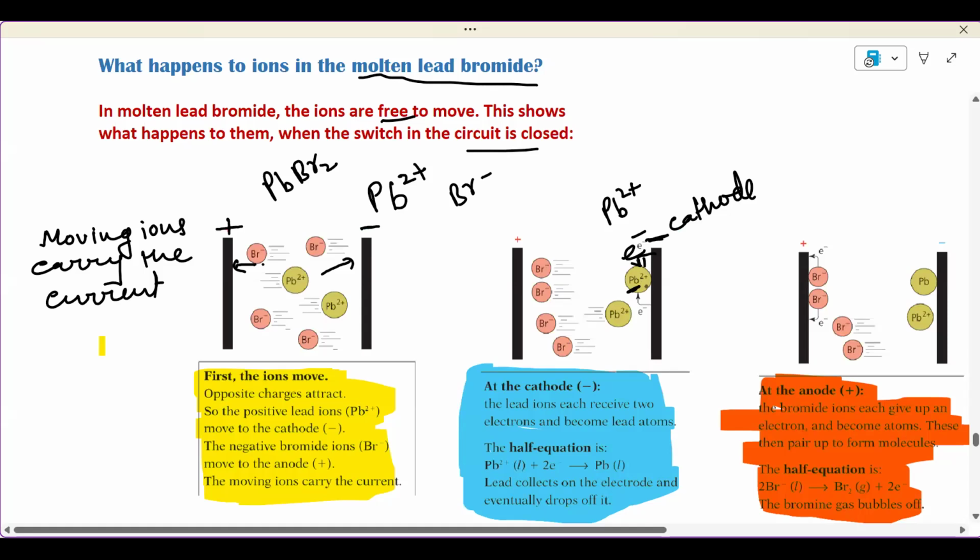After receiving electrons, it becomes a lead atom.